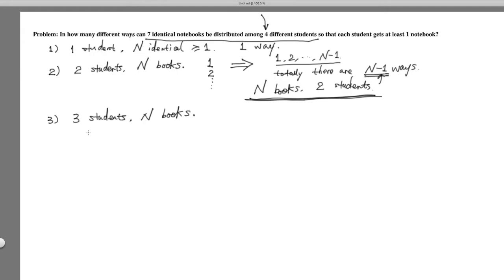Let's see. If the first student gets one book, the problem now becomes we need to distribute now n minus 1 books to two students.